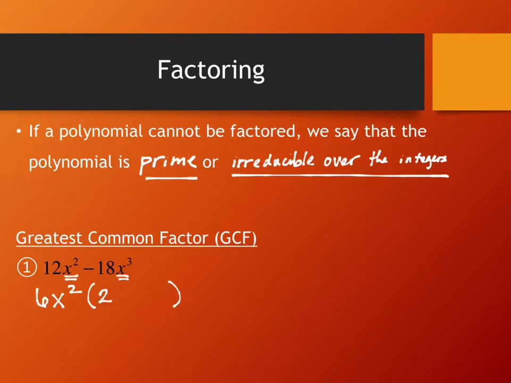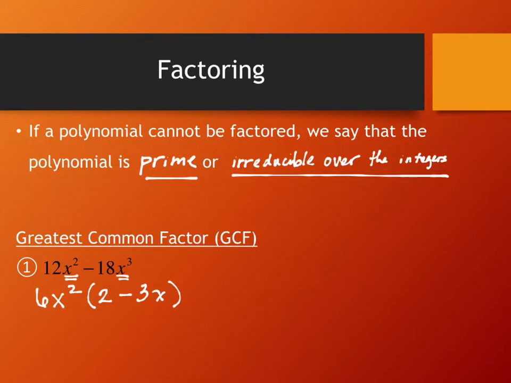It doesn't change it. So I've pulled the x squared out completely. After that, I have minus the 18x cubed. It's still negative because I didn't take out a negative. And I do the same thing. 18 divided by 6 would be 3. But if I had x cubed and I pulled out x squared, how much do I have left? I still have an x left. And this would be the factored form for this.